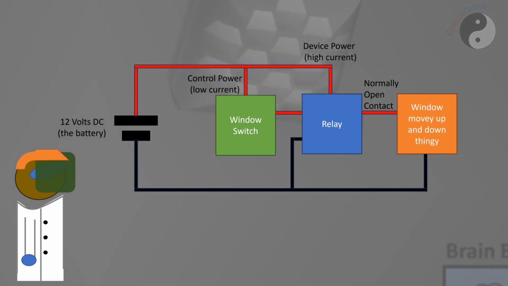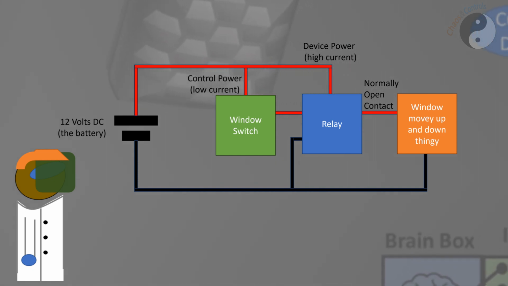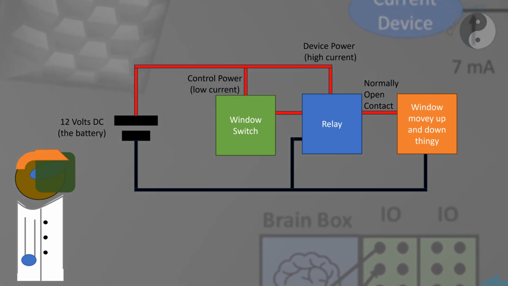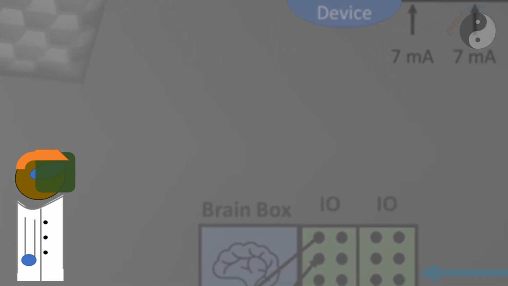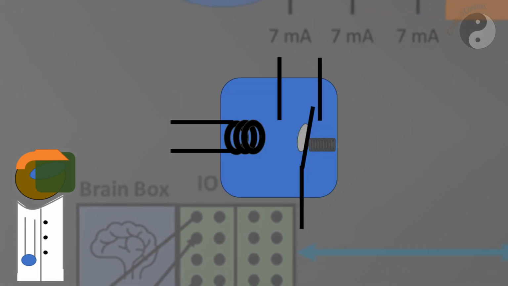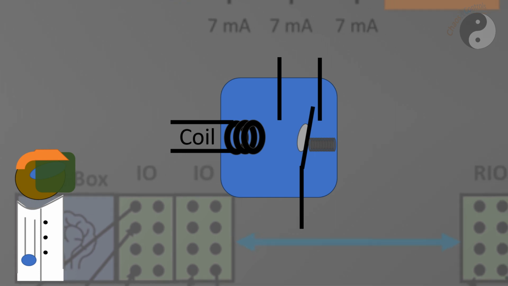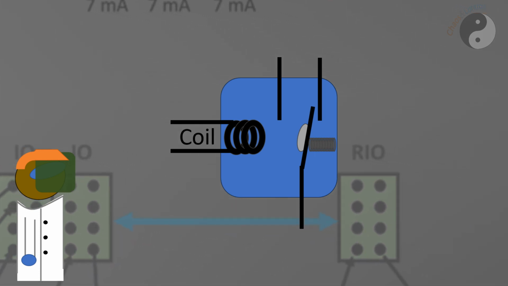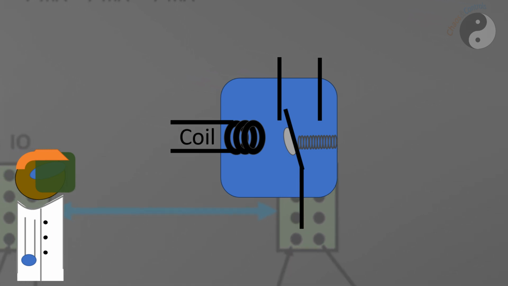As you can probably guess, there are multiple kinds of relays, but they all boil down to the same basic components. You have an energizable coil with a little lever that has a magnet that when you energize the coil, you can direct the flow of electricity from one side of the relay to the other.